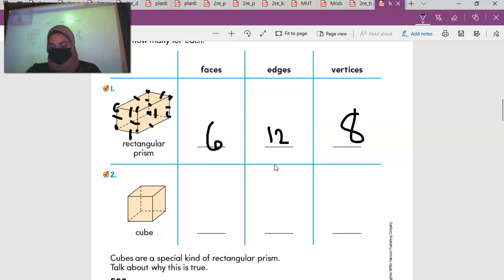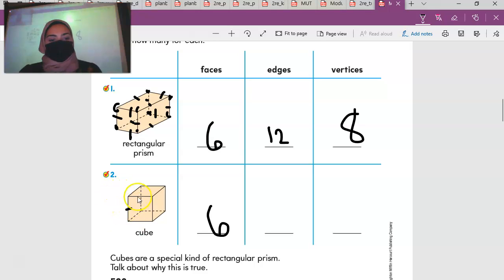All right, let's talk about a cube now. A cube has 1, 2, 3, 4, 5, 6 faces. It has 1, 2, 3, 4, 5, 6, 7, 8, 9, 10 edges.